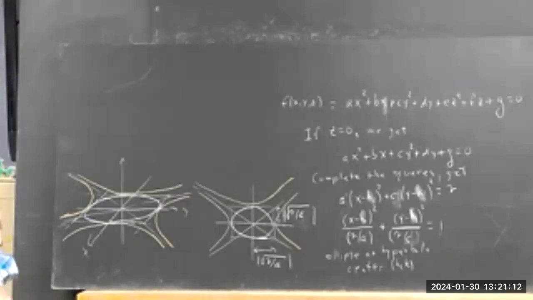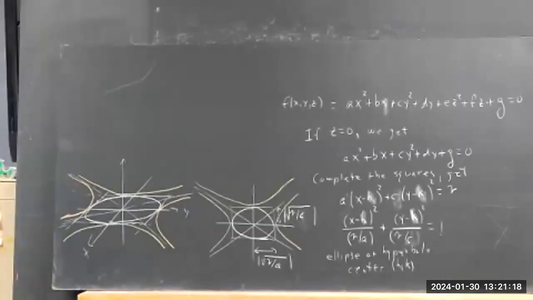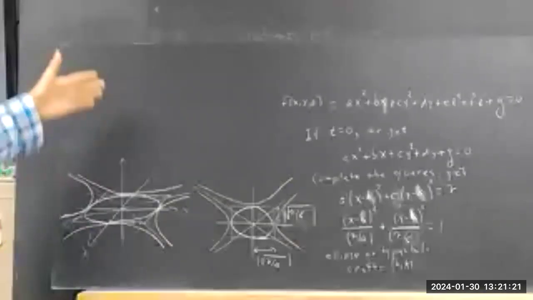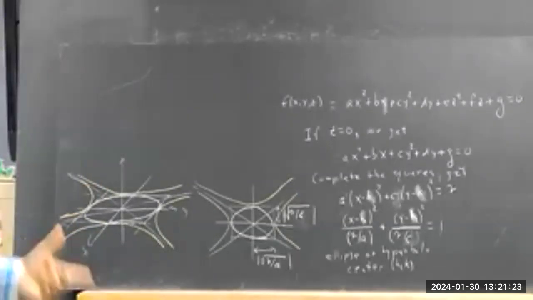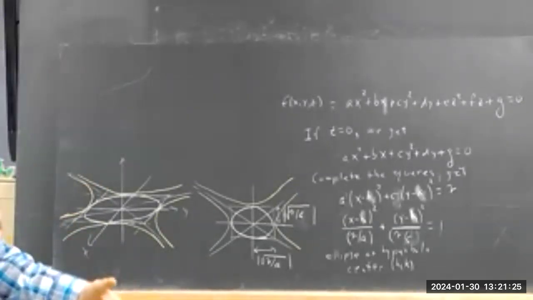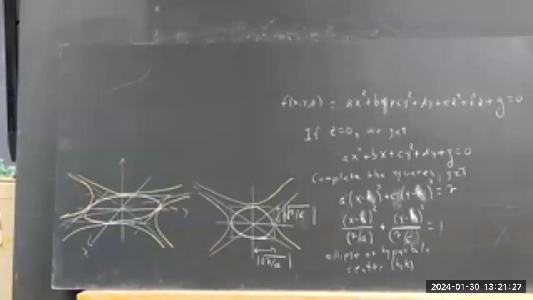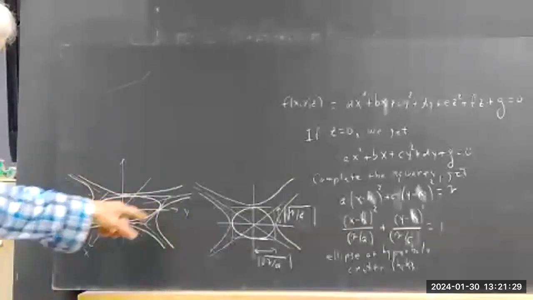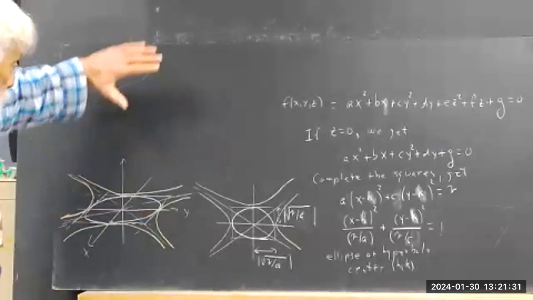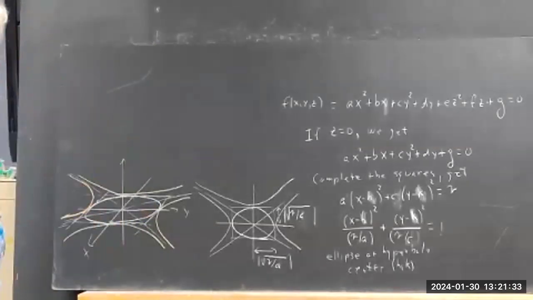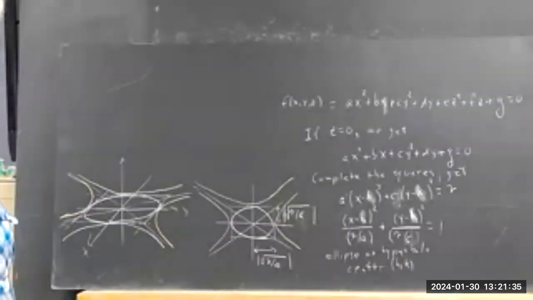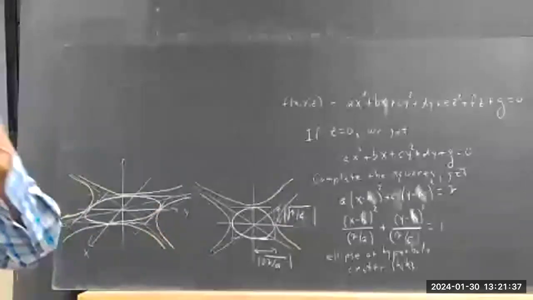You could do the same thing in the XZ plane, right? And in the XZ plane, it could again be an ellipse, a hyperbola, or parabola. So you could have ellipses in this plane and hyperbolas in this plane, or some combination thereof.